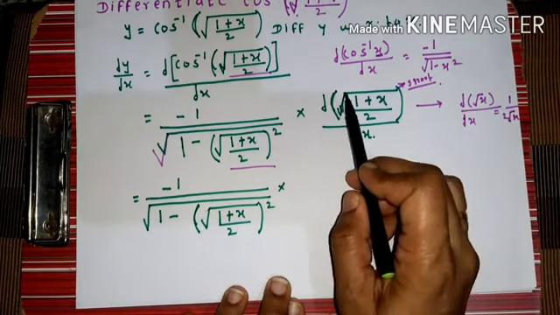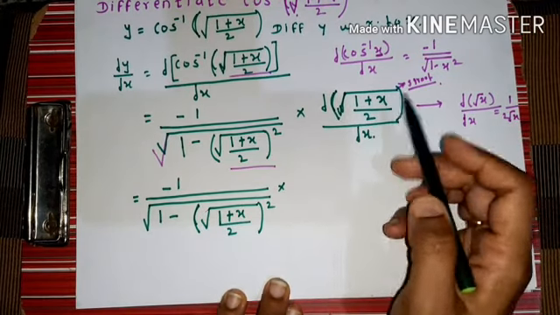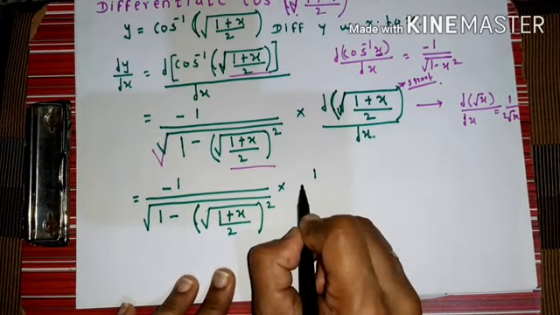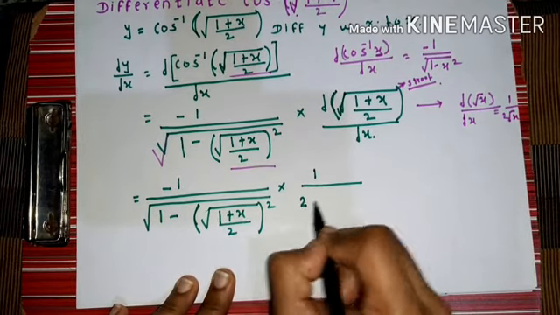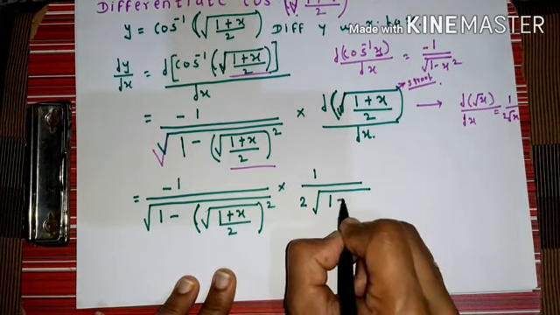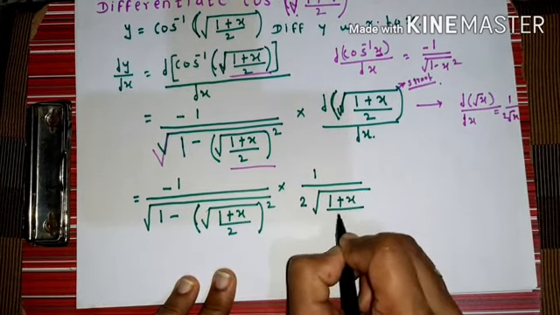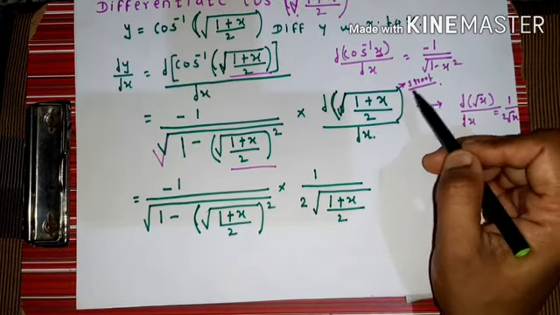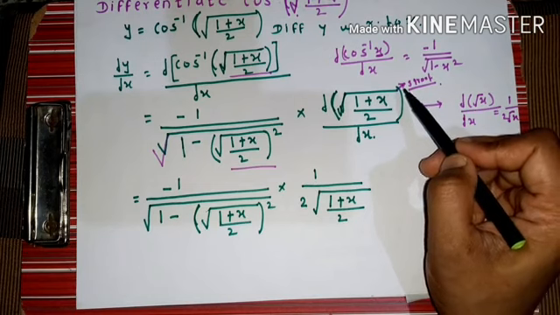And that's why differentiation of this is again 1 upon 2 into square root of 1 plus x upon 2. This is the differentiation of the square root function.